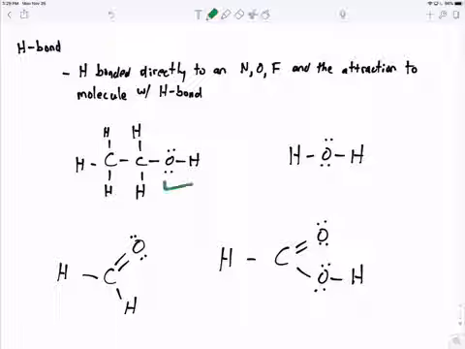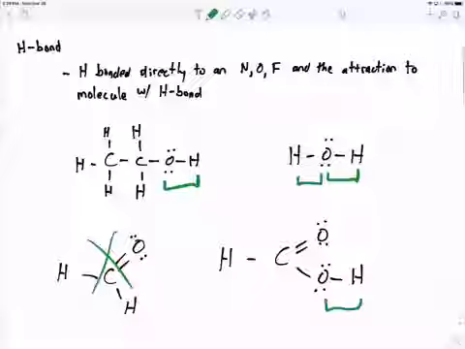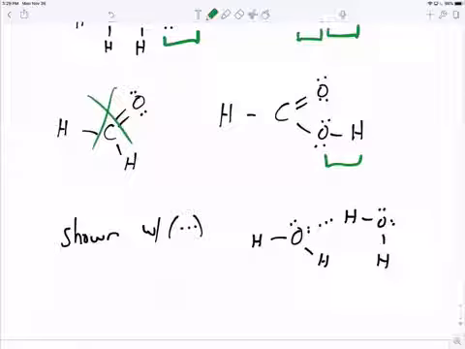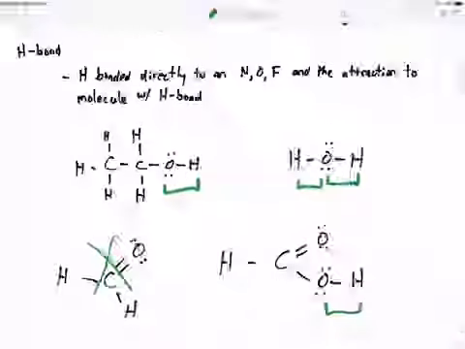So there can be a hydrogen bond here, here, here, and here, but not that molecule, because the hydrogen is not directly attached to the oxygen. It's shown with these 3 dots between them. So it has to be a hydrogen directly attached to an oxygen, nitrogen, or fluorine.